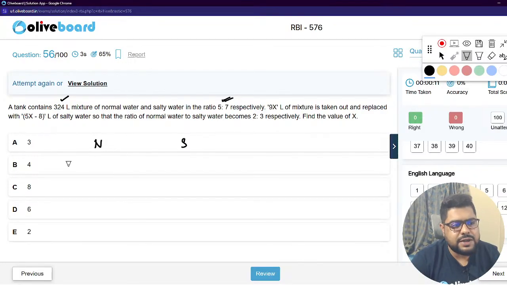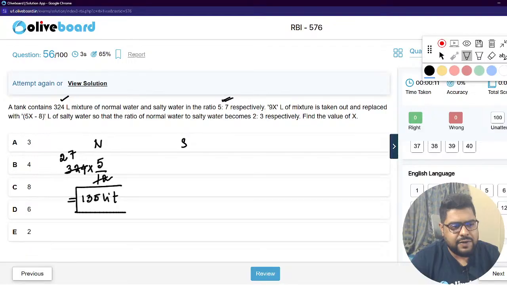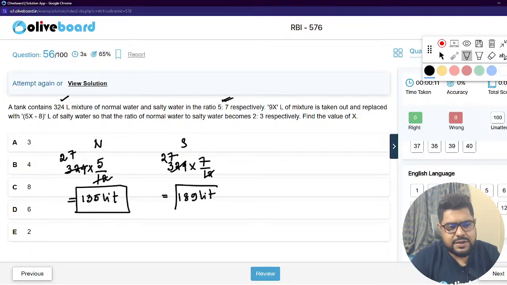How much normal water? 324 into 5 out of 5 plus 7, which is 12 parts. 324 divided by 12 is 27, so 27 into 5 is 135 liters of normal water. And salty water is 324 into 7 out of 12, so 27 into 7, which is 189 liters of salty water.